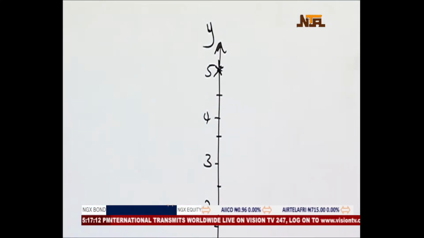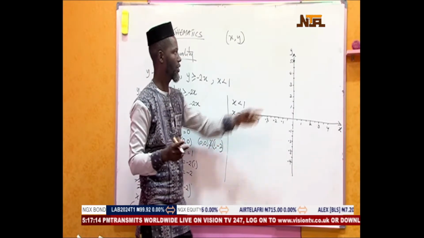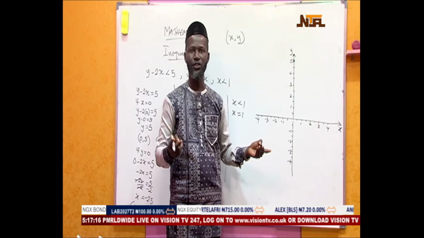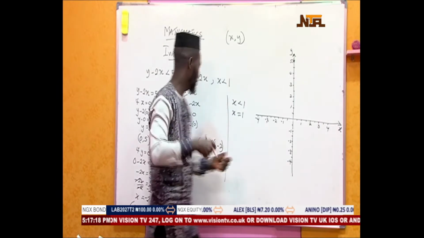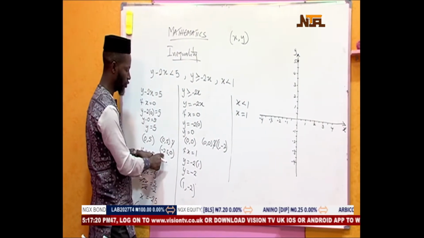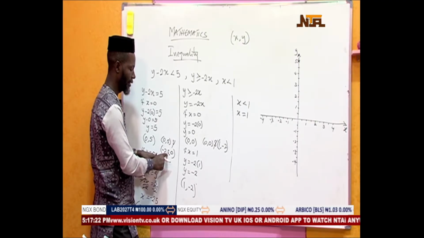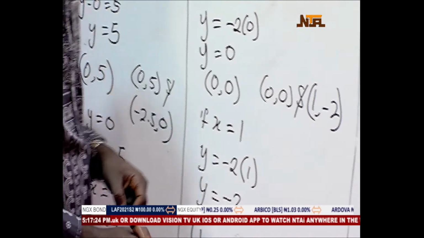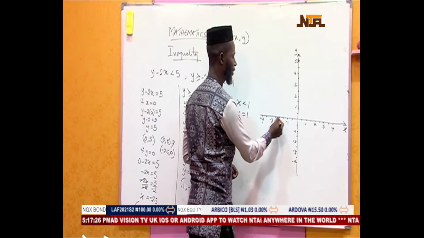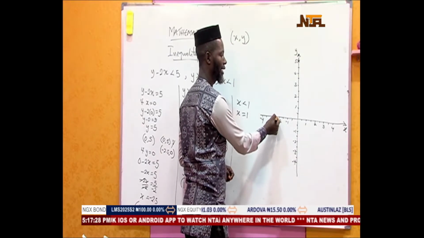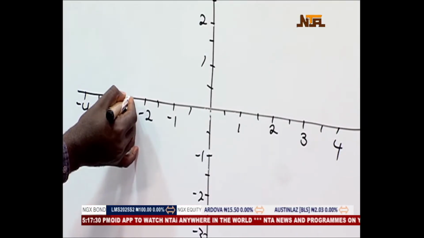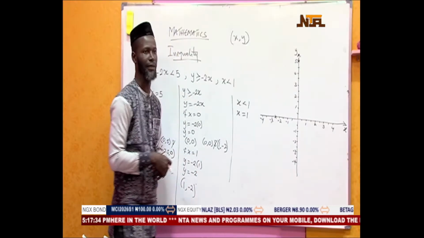Then the second point, because we have a straight line, we can't use only this one. So to have a straight line, we need this other point, which is this. When our x is equal to minus 2.5, then our y is equal to 0. This is where x is equal to minus 2.5, then y is equal to 0. We have this. Now, we want to join the two points together.